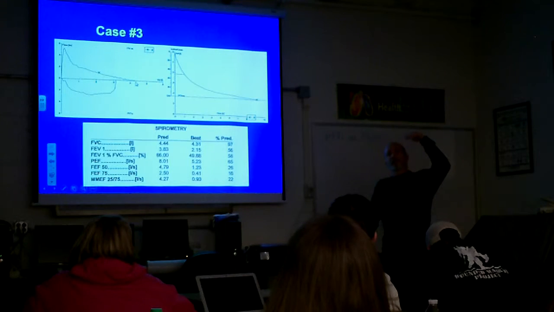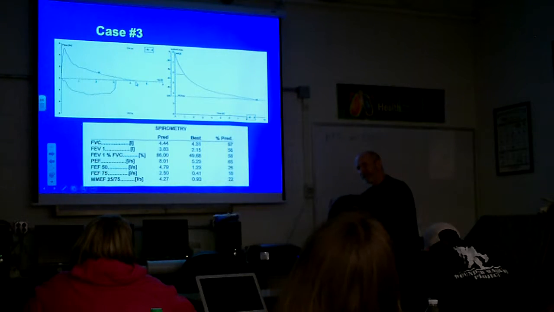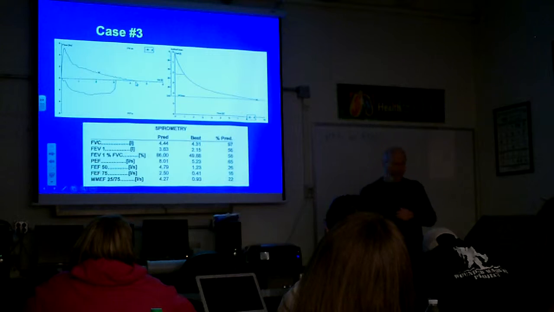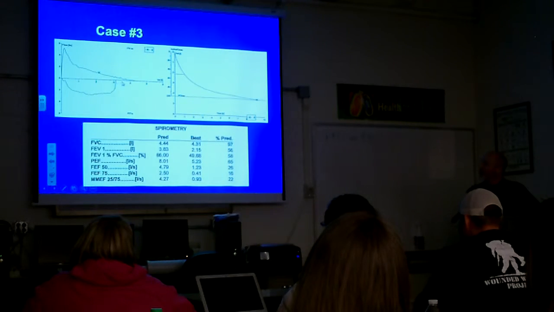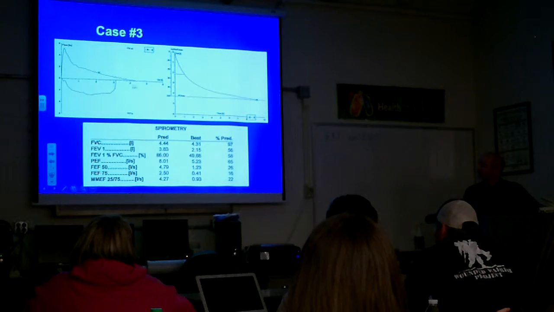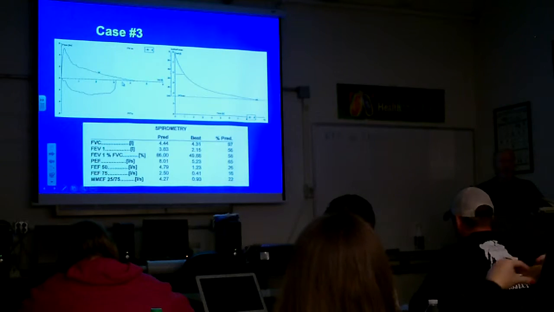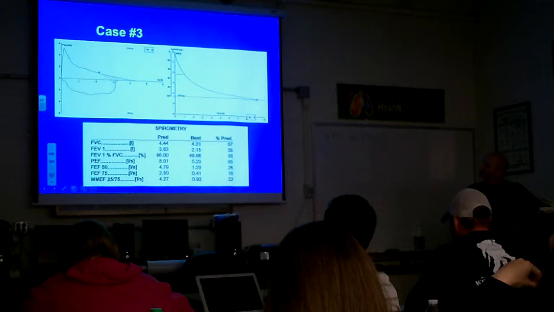They took their deep breath in, they blew all their air out, and maybe what they did is it was out of their mouth for a moment. They put it back in and they sucked in, because you see how there's this big gap here? Normally it should go like that. It should be picking up right there, but maybe their nose wasn't clamped and they breathed into their nose at the very beginning. But anyway, this expiratory one is of good quality.